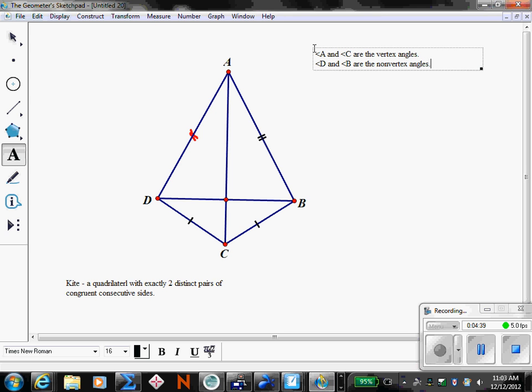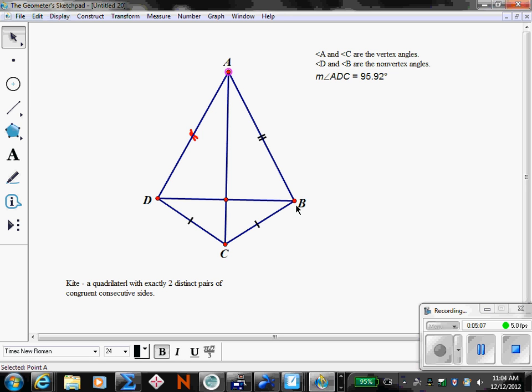Okay, so now we're going to make some conjectures about a kite. There are going to be 4 different conjectures that I want you to remember about the kite. Okay, so the non-vertex angles are the ones we're going to talk about first. So let's measure them. I'm going to measure angle ADC and then angle ABC.